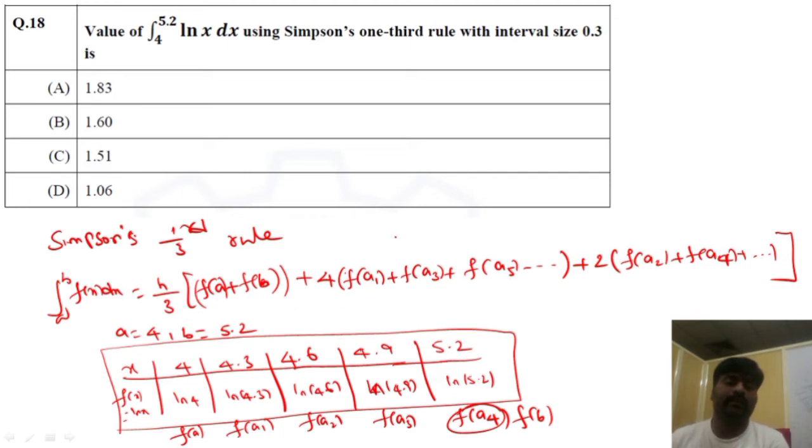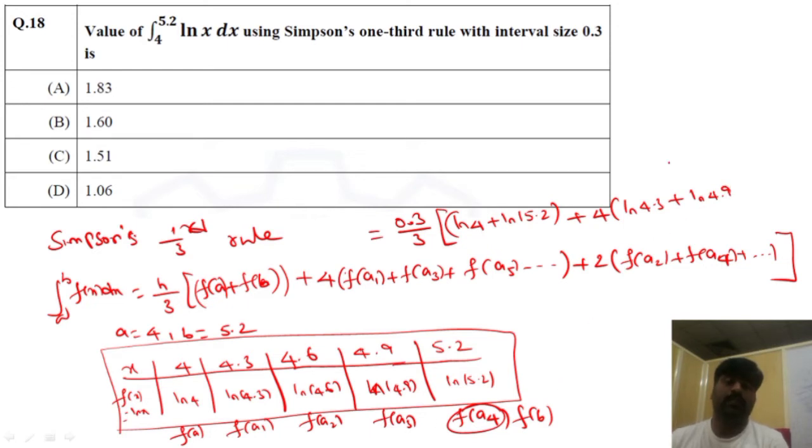So substitute all the values in the given formula. h is 0.3 by 3 times f of a, which is ln 4, plus f of b, ln 5.2, plus 4 times f of a1, ln 4.3, plus f of a3, ln 4.9.